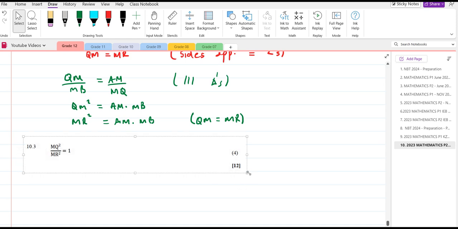We've got MQ squared over MR squared is equal to 1.